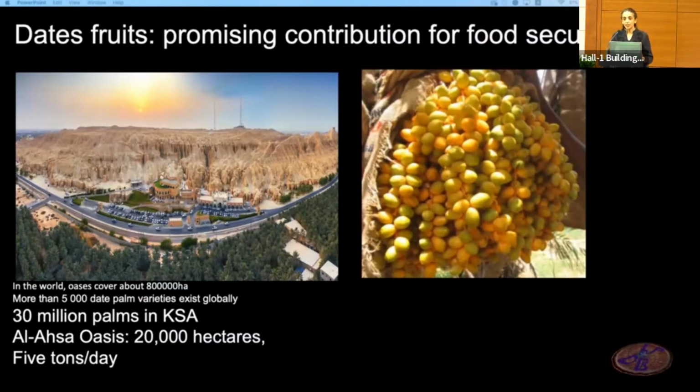There are at least 5,000 varieties of date palm, and in the kingdom there are more than 400, and not all of them produce fruit. We are only focusing on a few cultivars that are known, or maybe were adapted to their taste, and that's why we are not fully exploiting the potential of date palm fruit.